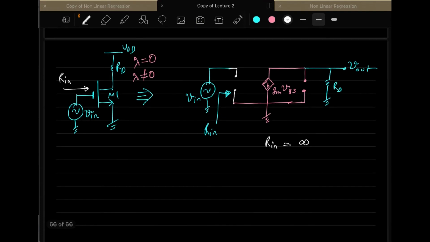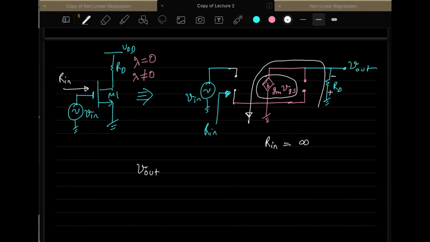So what is the voltage gain here? Voltage gain is very simple. As you can see, this is the current that is flowing here, that is GM VGS. It is coming from this branch and going like this. So the drop that it creates is plus minus here. So what is the value of V out?